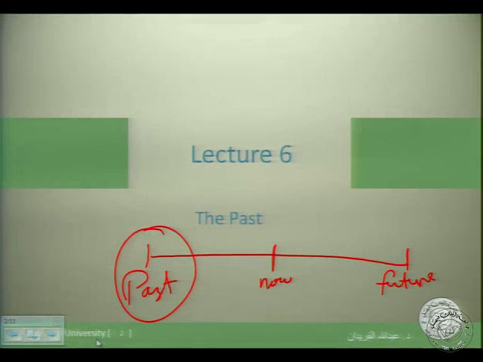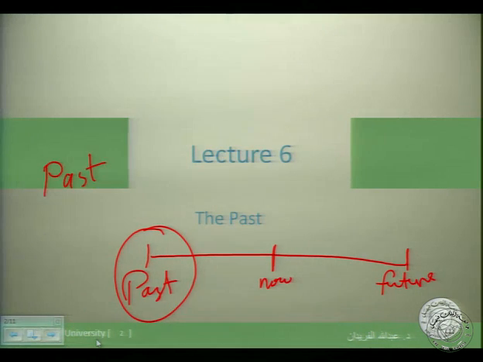I don't think that I'm going to give you new information today, except the difference between the past and the present perfect. We have something called the past, which is our lesson today.